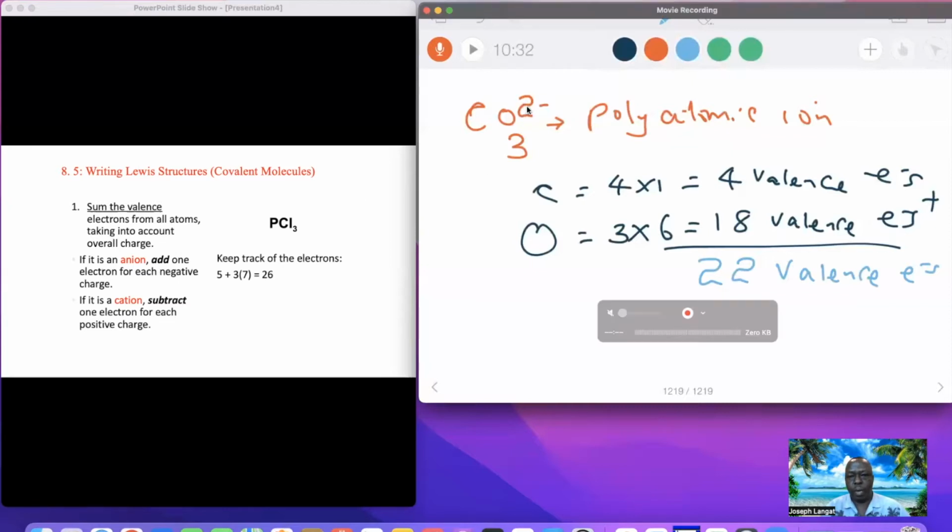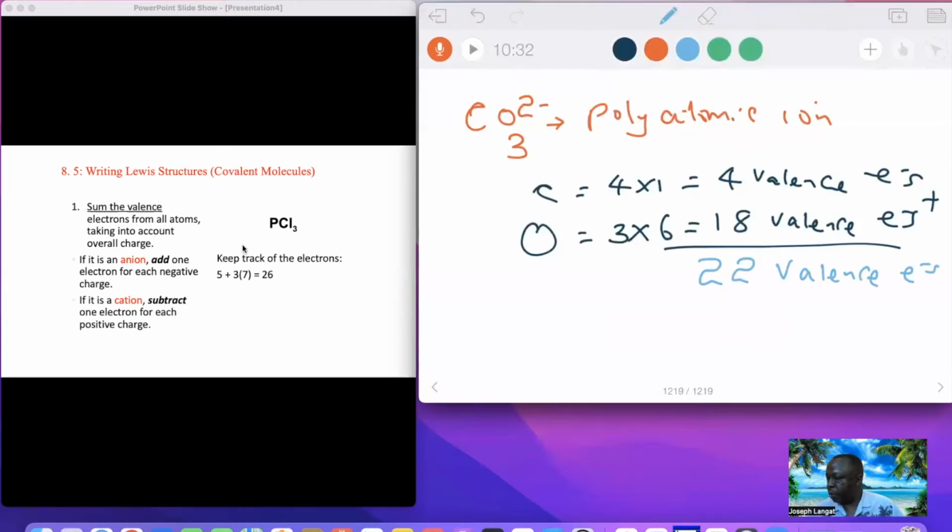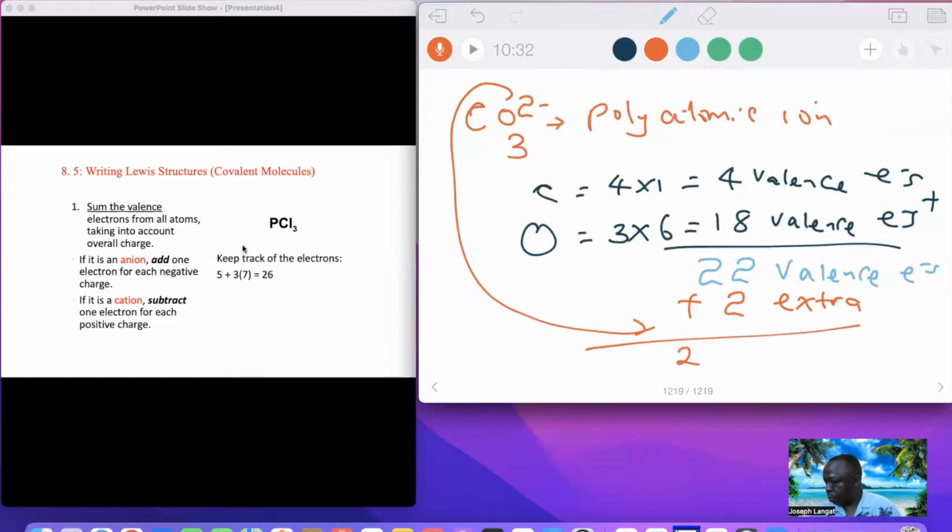Since we have 2 negative charges here, we will add 2 extra electrons, and here's 24 valence electrons. This is what you do for a polyatomic ion or just an anion, a negatively charged particle.